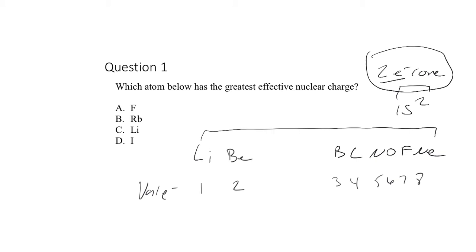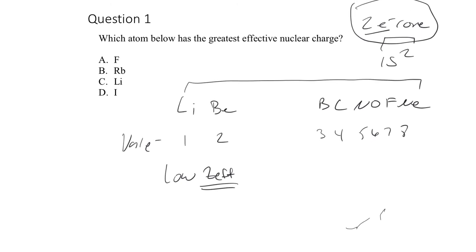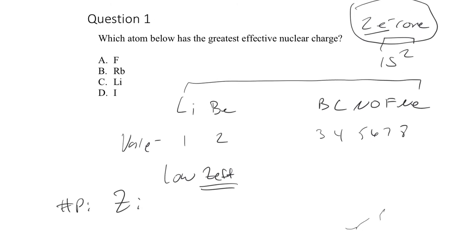The nuclear charge, Z, is just the number of protons in the nucleus, so Z is just the atomic number. So you go from 3 to 4 to 5 to 6 to 7, 8, 9 to 10 across to neon.